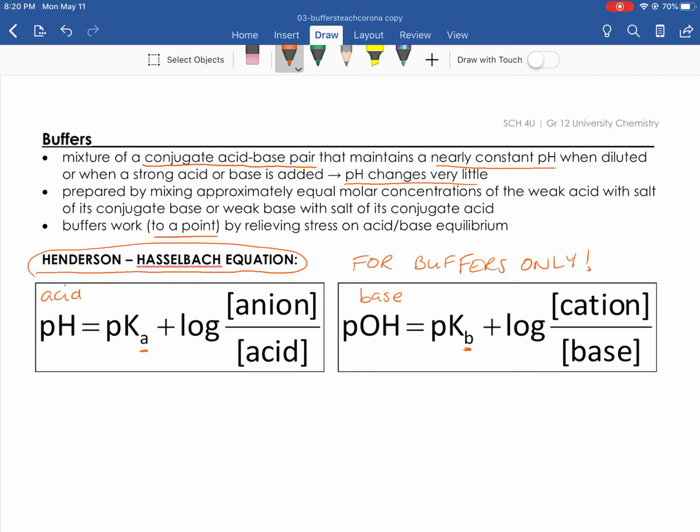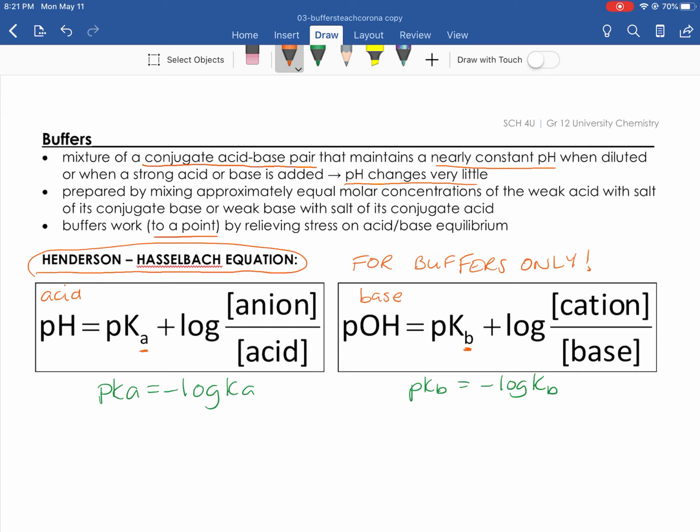You need a conjugate acid to take care of basic stresses. If you have an acidic stress, then you need the basic side. If you do forget what pKa and pKb are, if you want to write that down, negative log Ka and negative log Kb. Okay?